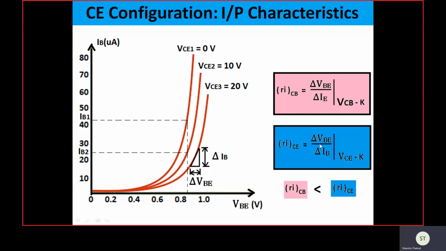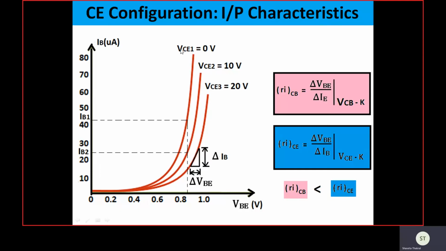We know that the variation in base current is comparatively small compared to the variation in the emitter current, because base current lies in the range of microamperes and the emitter current lies in the range of milliamperes. So if the base current variations are comparatively small, the input resistance will be comparatively high. So input resistance for common emitter is greater than input resistance for common base configuration.